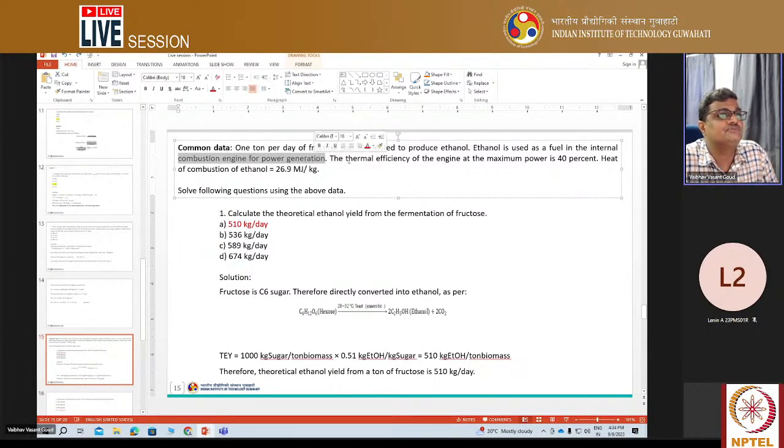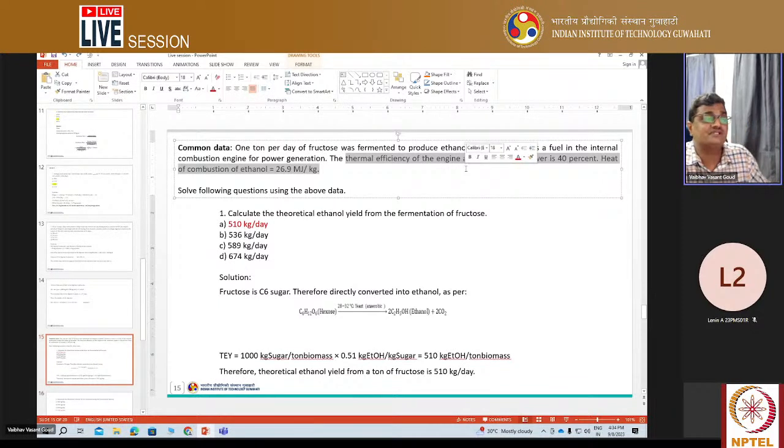The thermal efficiency of the engine at the maximum power is 40%, and the heat of combustion of the ethanol is known, that is 26.9 megajoule per kg. And once we know the hexose as a sugar which we use for, that is nothing but the fructose, is used for the fermentation. So we know this simple equation here, which gives 2 moles of ethanol, 2 moles of the CO2.